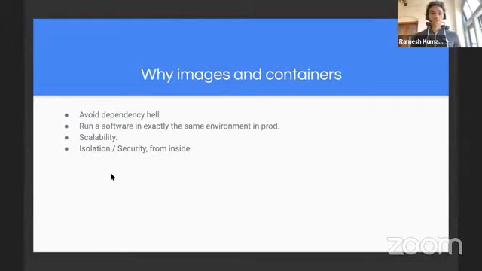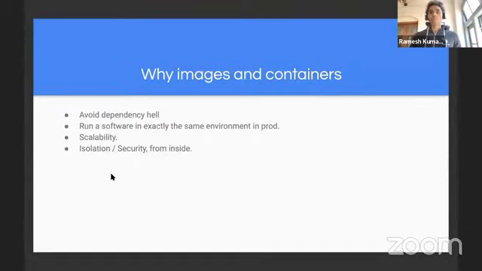And of course, since they are namespaced, they are isolated, and this provides security from inside, meaning that a process itself cannot come out of its namespace. Once we namespace a process, it is isolated there.